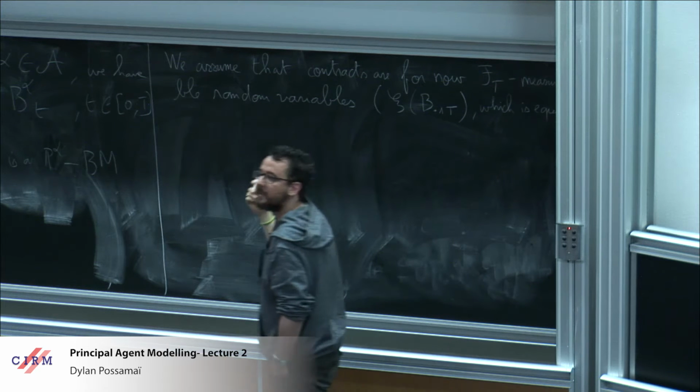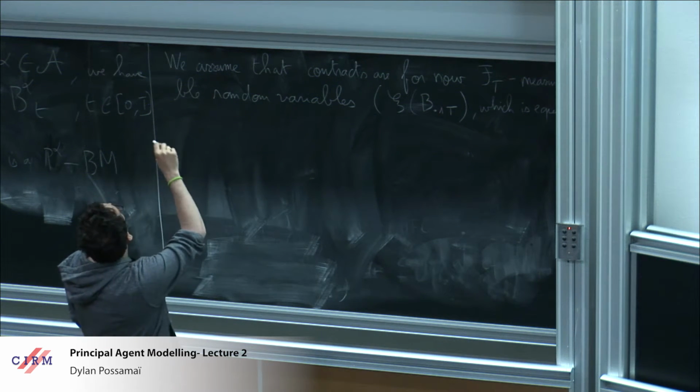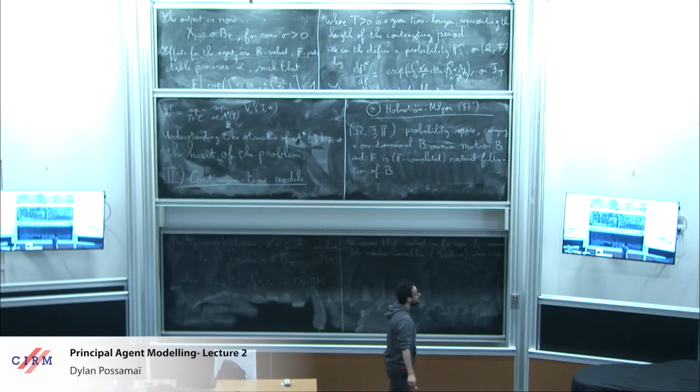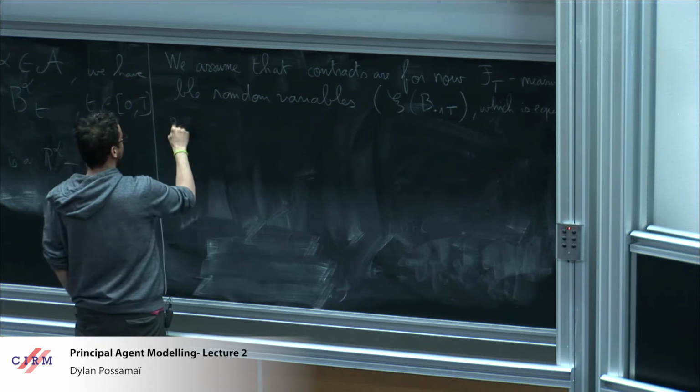I care more about X. The good thing is that it's probably still somewhere. Yes, X is just sigma times B, so the filtration generated by B and the filtration generated by X are exactly the same. Okay?